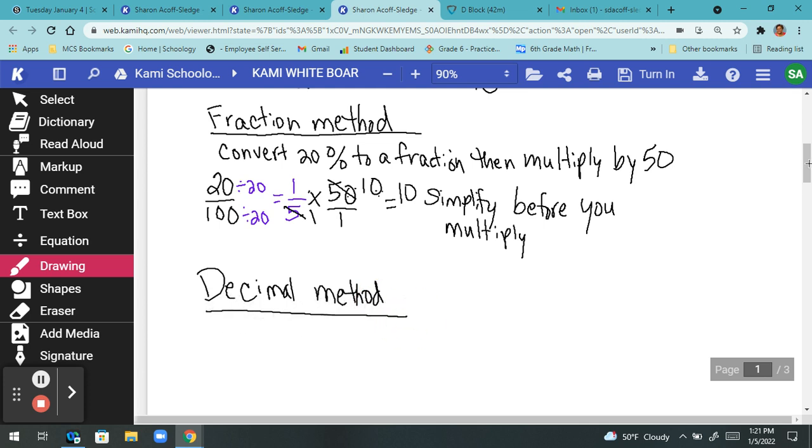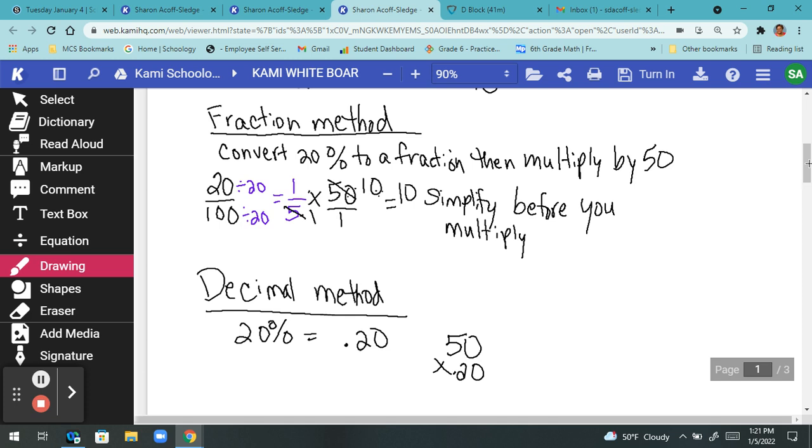Okay, so we're going to convert 20% to a decimal by moving the decimal 2 places to the left. So 20% becomes 0.20 because my decimal is here, and then I go 1, 2. So now I'm going to multiply 50 times 0.20.